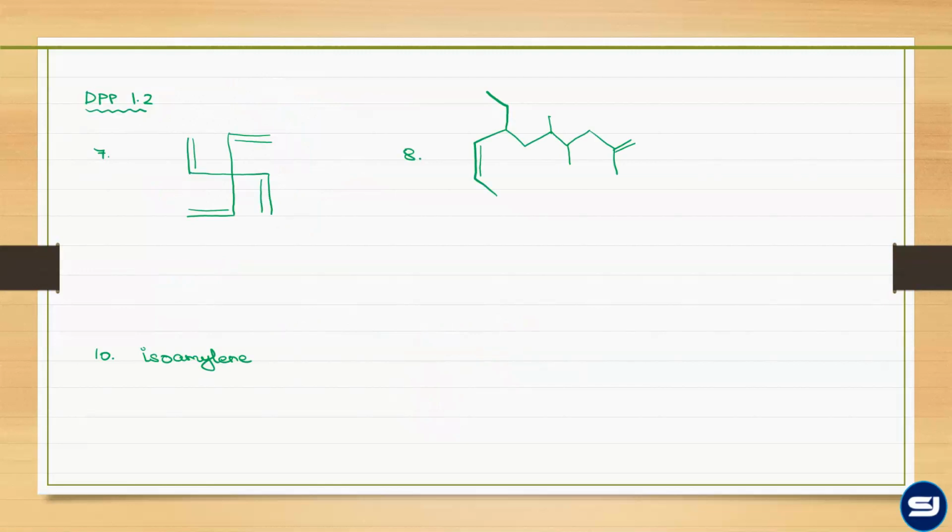Yes, sir. So in 1.2, the 7th one, the swastik structure. Okay, so the IUPAC name of the compound. How many carbons can be selected in the parent? Wherever you select from, you are going to get 5. A 5 carbon parent.